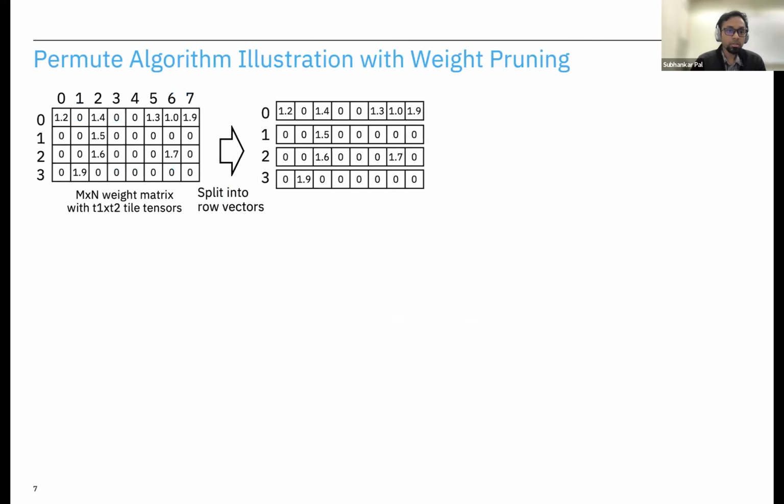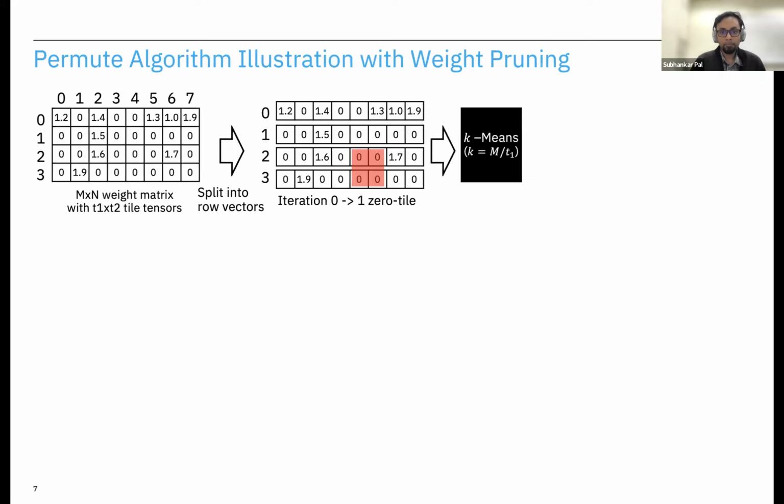Okay, so let's take the weight matrix. This algorithm is going to illustrate the permutation, which is done iteratively. We'll take the weight matrix and split it into row vectors first. Note that if we pack at this point, it's going to give us a 1, 0 tile, so we're not going to do that. Instead, we run it through a clustering algorithm. We experimented with a few things, and it turns out k-means was decently good for us.